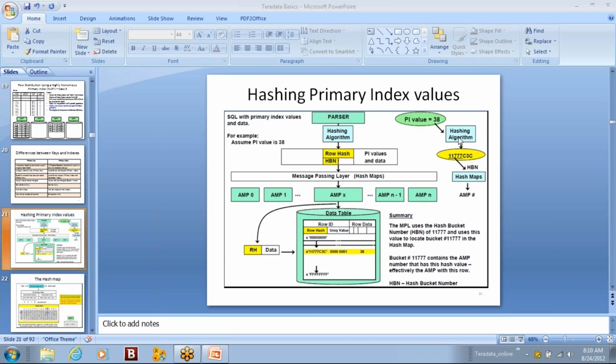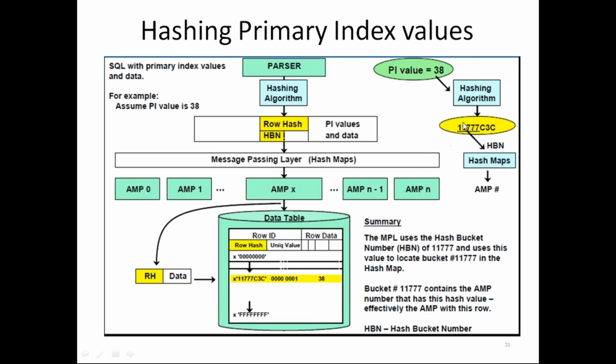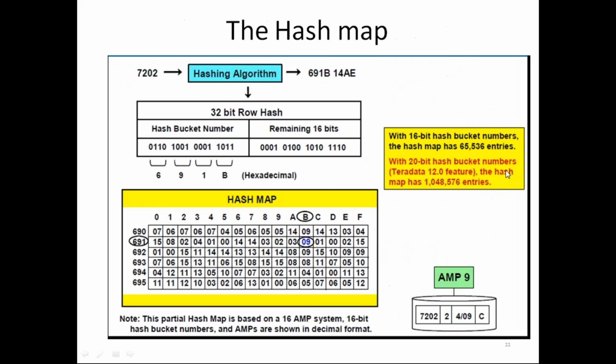Okay, so the hash algorithm would generate a 32-bit hash value, and out of this 32-bit, the first order 16 bits are called the hash bucket number. Okay, so out of this 32-bit row hash value, the first ordered 16 bits are called the hash bucket number. Okay, and this hash bucket number is used to look up the amp number in the hash map table.